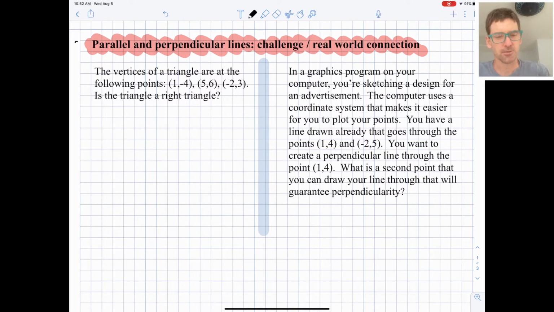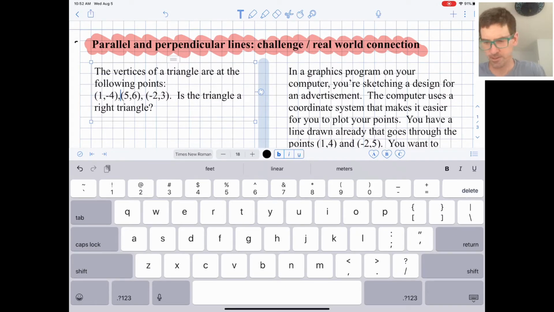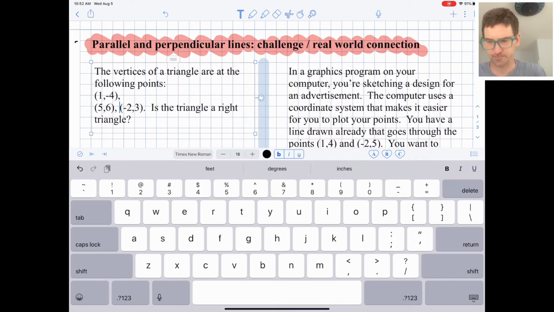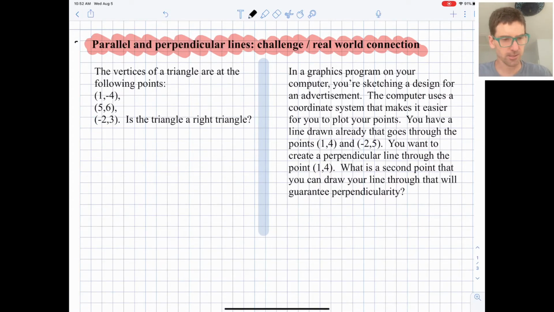Okay, so let's see here. I'm going to give us a little space to work with in the problem statement. Let's call this point A, this point B, and that point C. We're going to find potentially 3 different slopes.